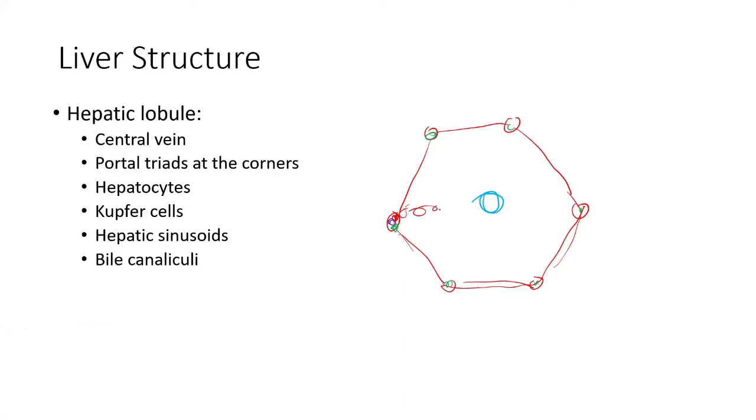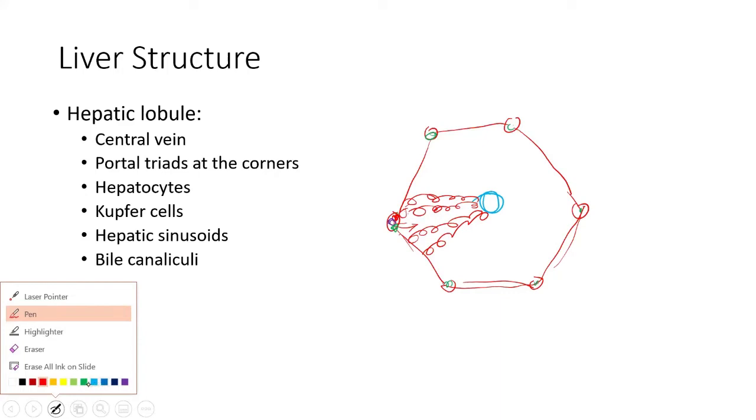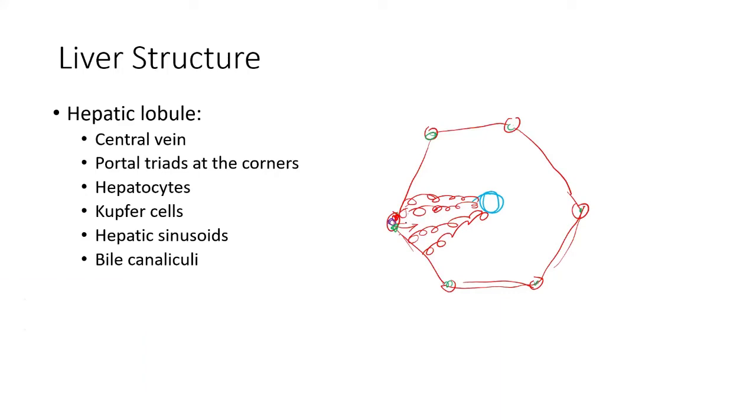From the periphery to the central, you have hepatocytes arranged radially like this. In between these areas, you have branches entering from the hepatic artery and the portal vein.